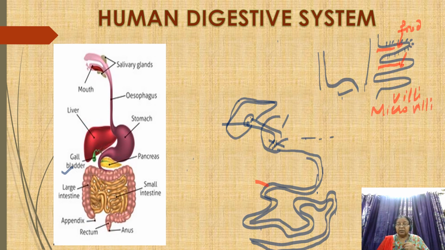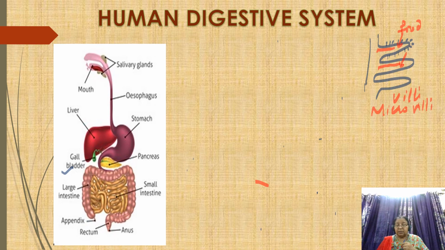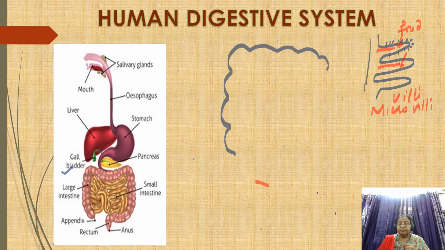Now the food has reached the large intestine. Let's discuss the large intestine. Here you can see, large intestine has some constriction, you can see.